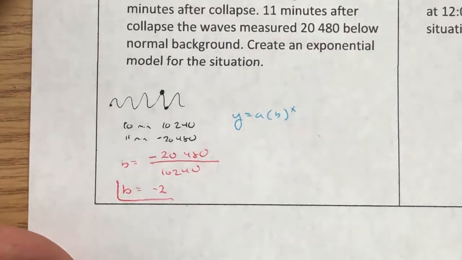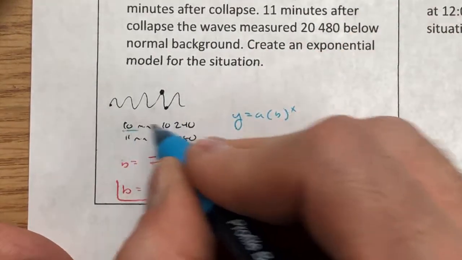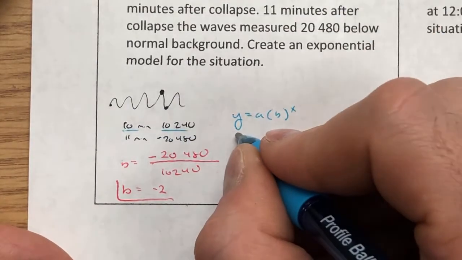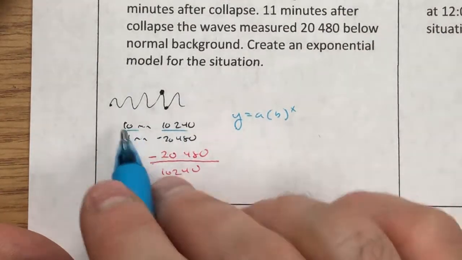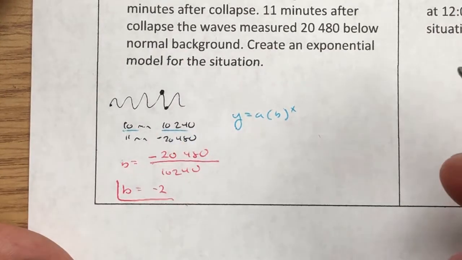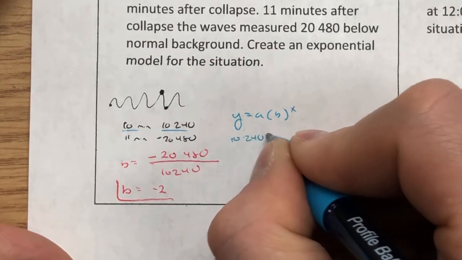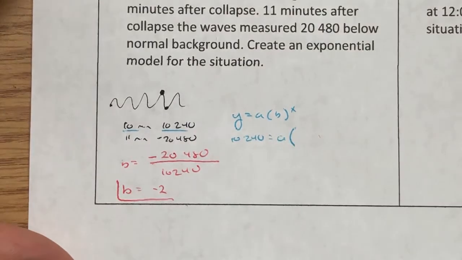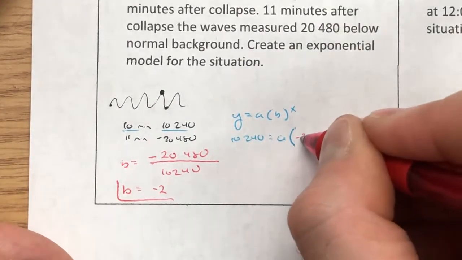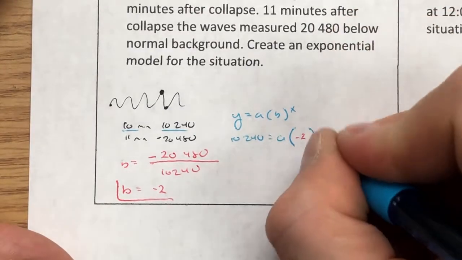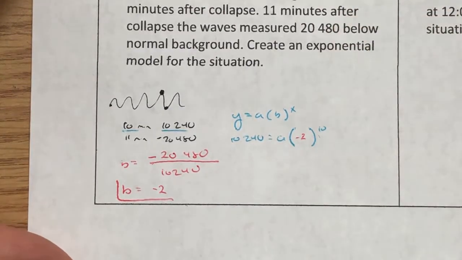Okay. I'm going to use the lower one, unlike the last time. My y value, I'm going to assume I can pick the time, and that will give me how far the waves are above and below. So 10,240 is equal to a times my b of negative 2 raised to the 10th power.